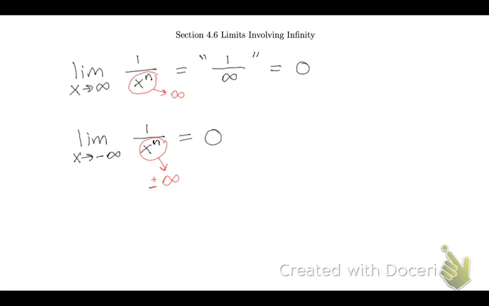All right, and this is going to help us to figure out our limits at infinity for rational functions. Okay, so let's take a rational function and see if we can figure out what the limit as x goes to infinity is. All right, so we're going to find the limit as x goes to infinity of 2 minus x over 3x plus 5.